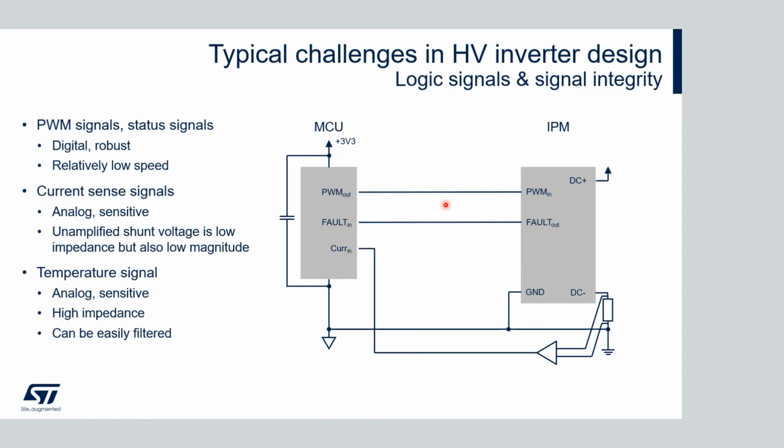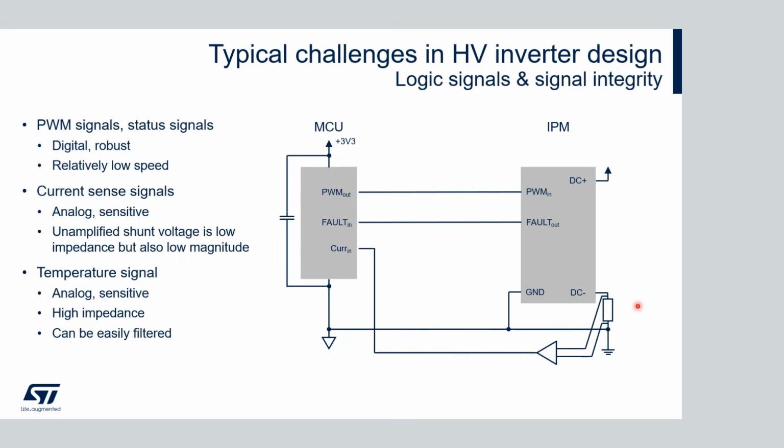There are also the current sensing signals, because in every motor control application, you need to sense the currents through the phases of the motor. These signals are usually quite low voltage, low magnitudes, but also they are low impedance. That means that the noise couples to them a little bit less than to a signal that would be high impedance.